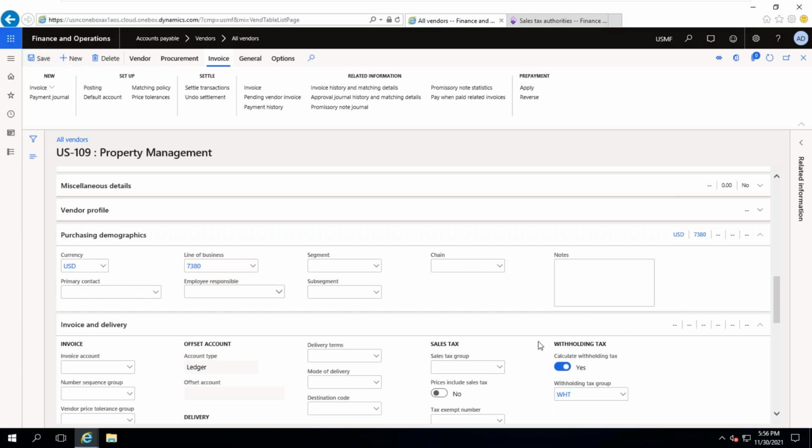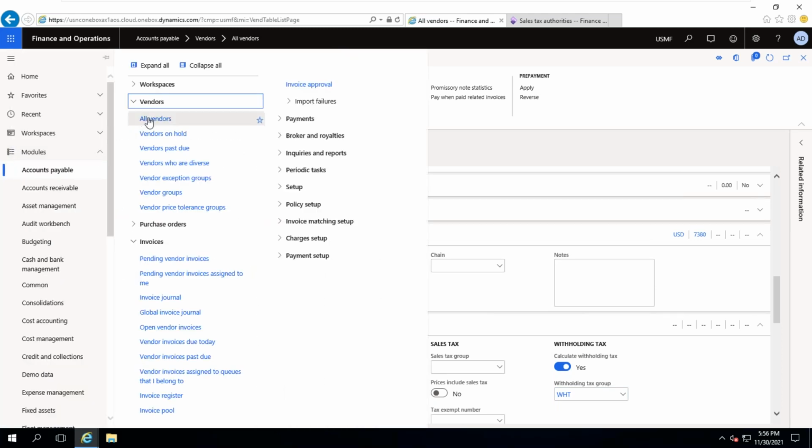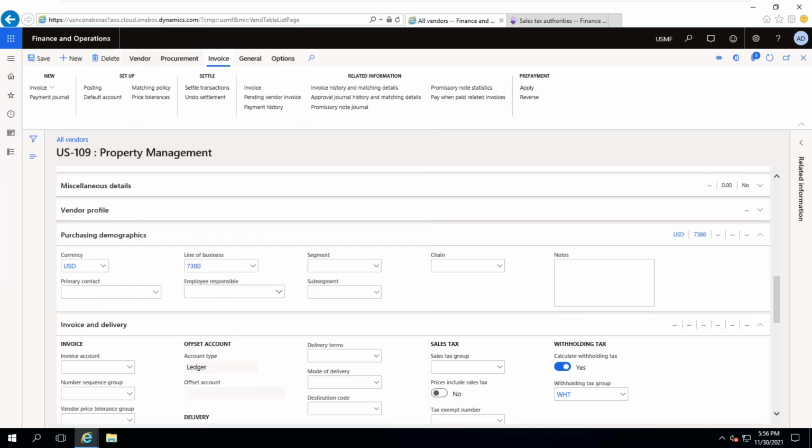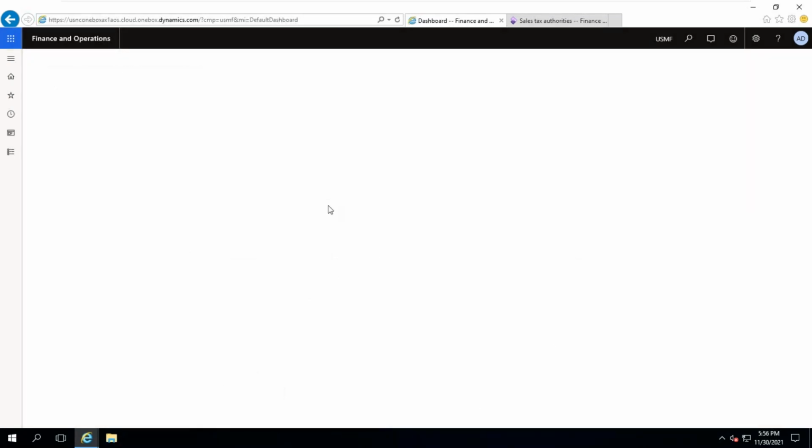So we have mapped the withholding tax group to US 109 property management, and enabled the withholding tax group. Now I am creating a purchase order. Let me quickly create a purchase order.